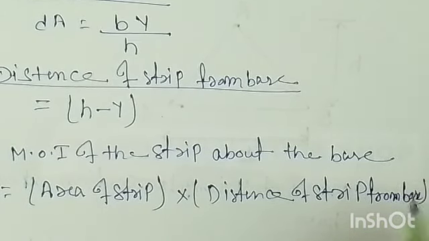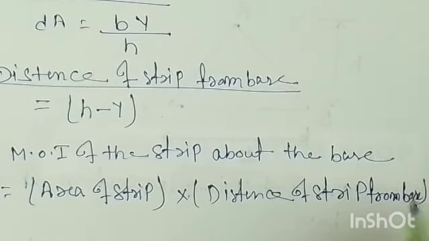Why? Because this is the point where the medians intersect, so it will be the center of gravity. You can say the center of gravity is CG, and it is located at a distance of h by 3. Now we need to find the moment of inertia about this centroidal axis.